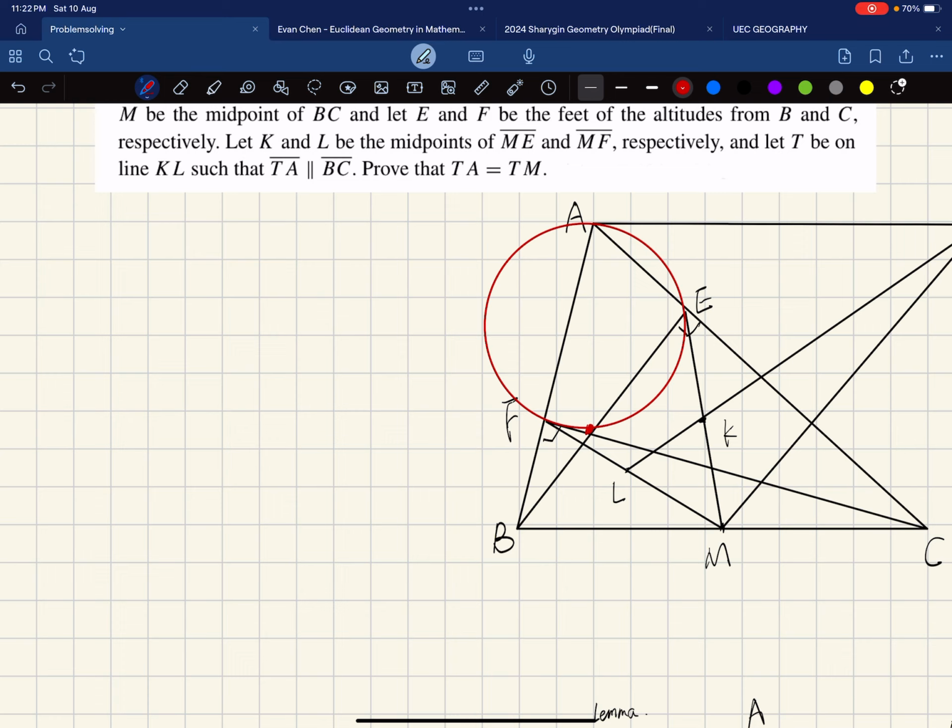And then what can we do? We know that MF, ME, and AT are all tangent to omega. Let me denote this circle as omega. Let me write it better.